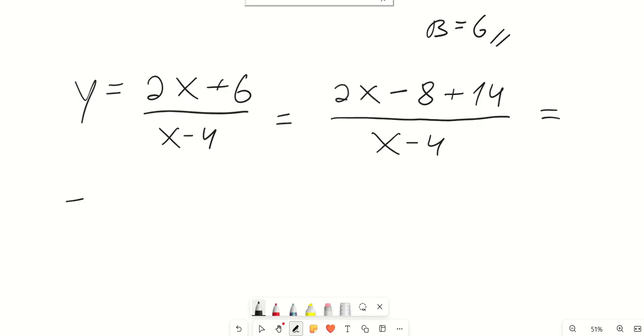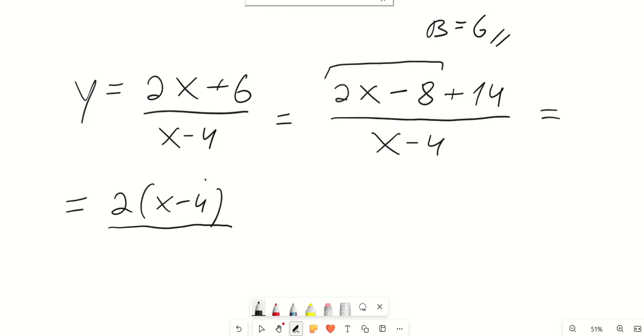Now I continue. From those two, I'm going to take 2 out, and then I divide already. And the second part, which is left here, is 14 divided also by x minus 4.